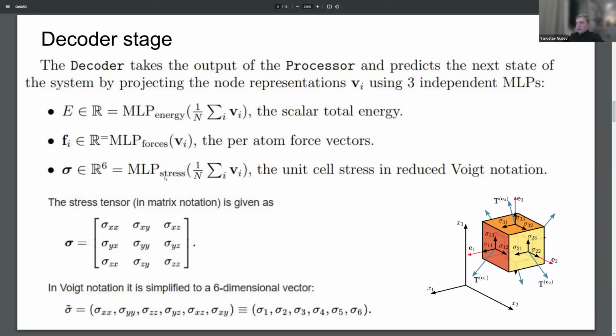We'll come to that later. And they also predict this stress tensor, which is about some mechanical properties of the system as a whole. And we know that this tensor is a symmetric matrix, so they only predict 6 independent components.